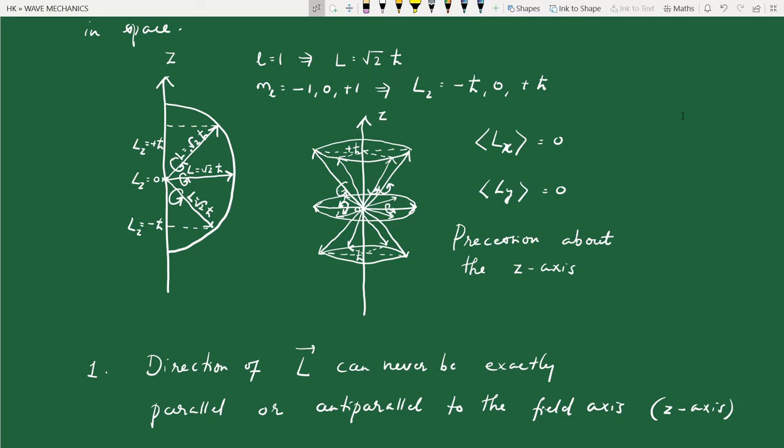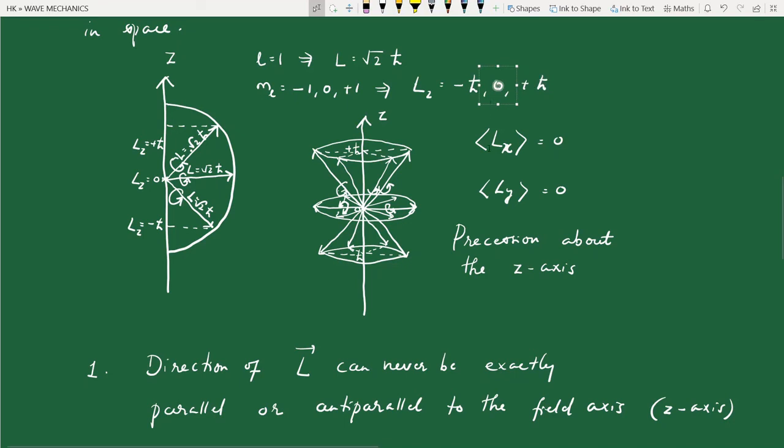The total angular momentum has a fixed value. For example, if l is equal to 1 here, then the total angular momentum L is root 2 h cross. It has a fixed value, and you can write it as the root of Lx square plus Ly square plus Lz square. One component of L, that is Lz, again has fixed values: minus h cross, 0 and plus h cross in this case.